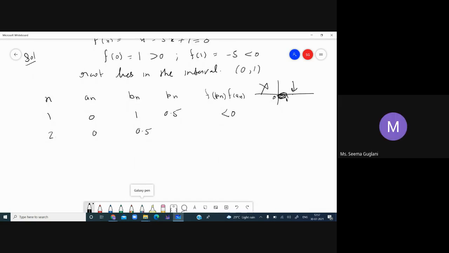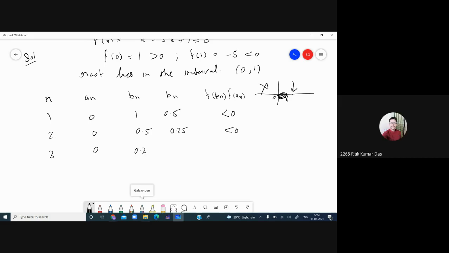Now from 0 to 0.5, again I will find the midpoint, that is 0.25. Then I cross-check the sign of the multiplication of f(pn) and f(an), which comes out to be negative again. So according to the bisection method, my next interval would be 0 to 0.25.